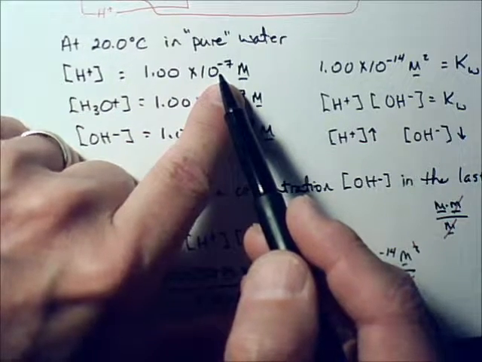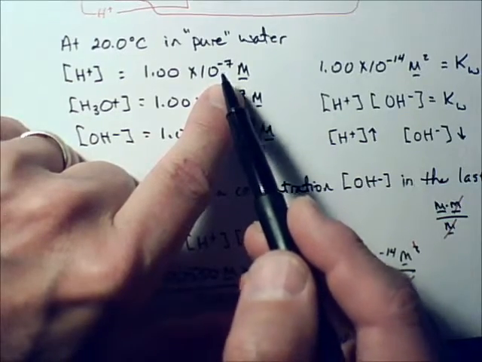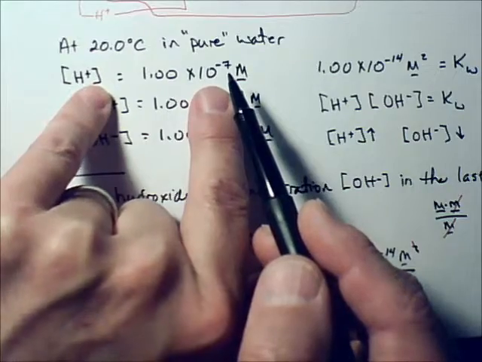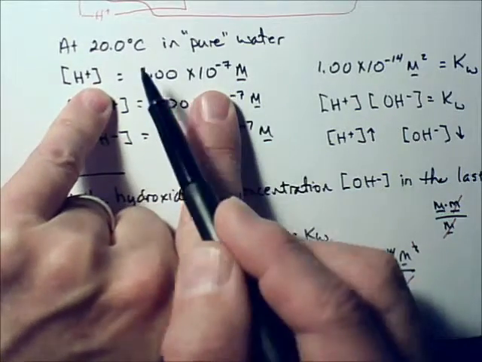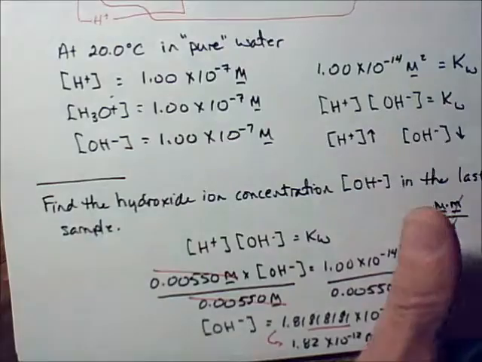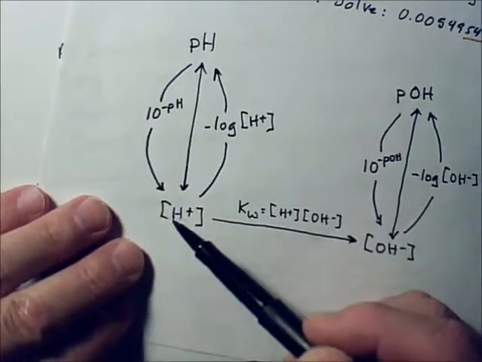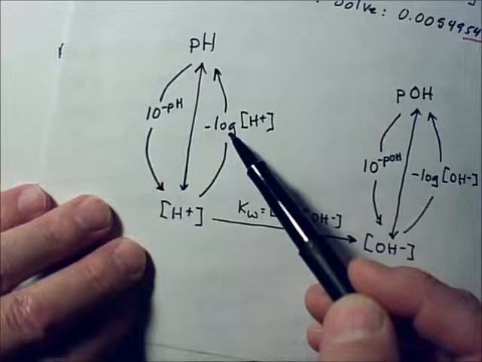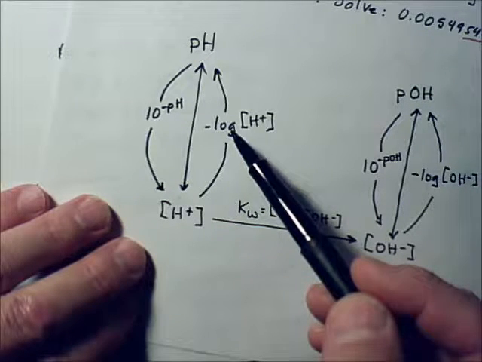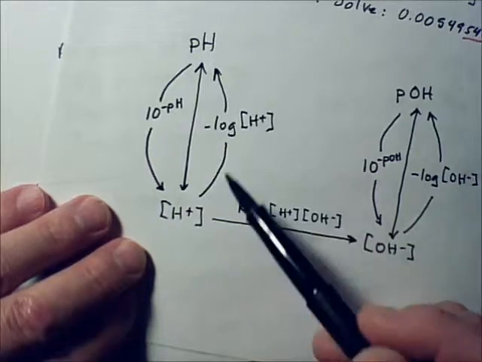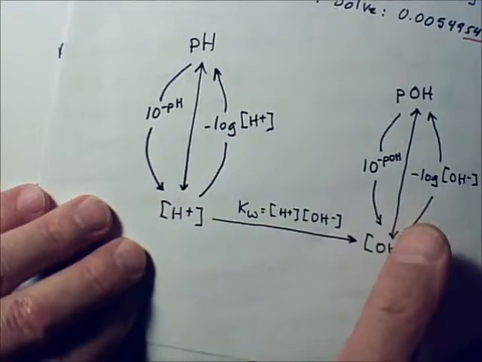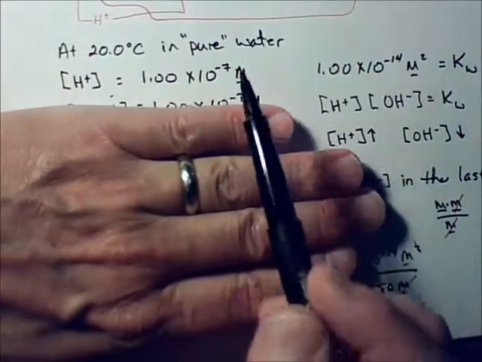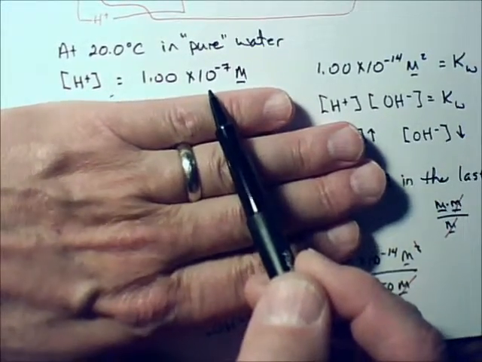No. This is the hydrogen ion concentration. How do you find the pH from the hydrogen ion concentration? Just do the math. So what's the pH of a solution that has a hydrogen ion concentration of this?